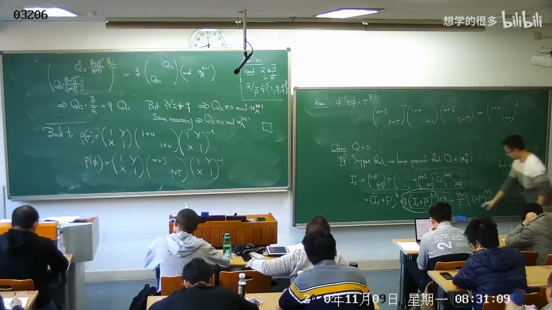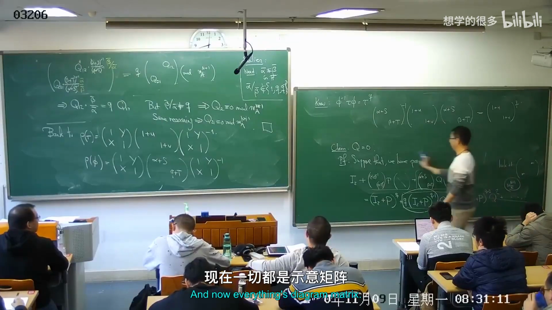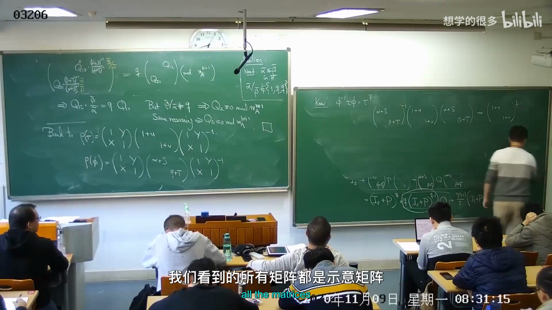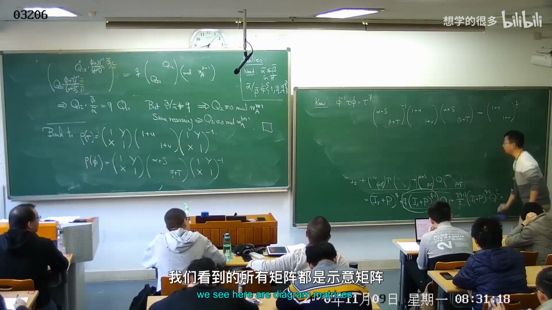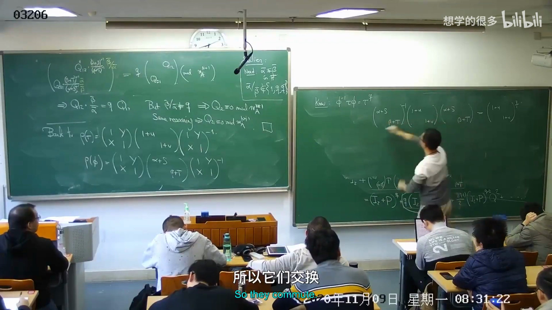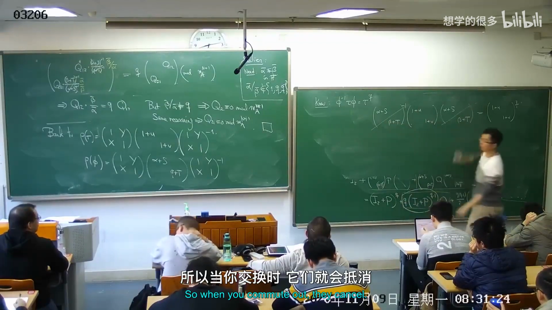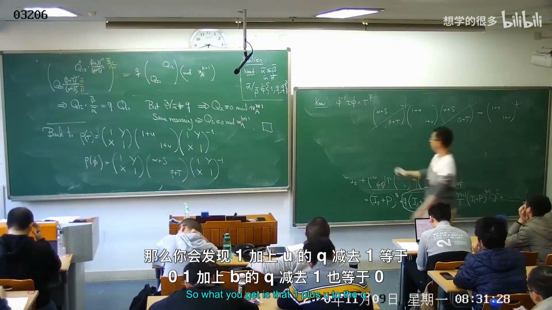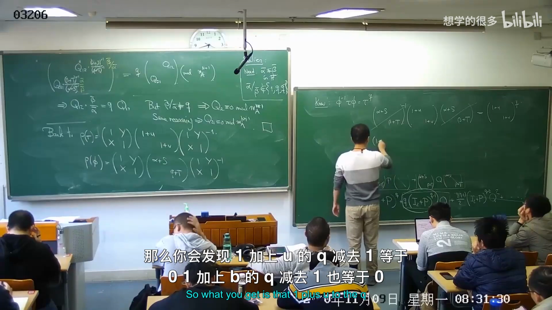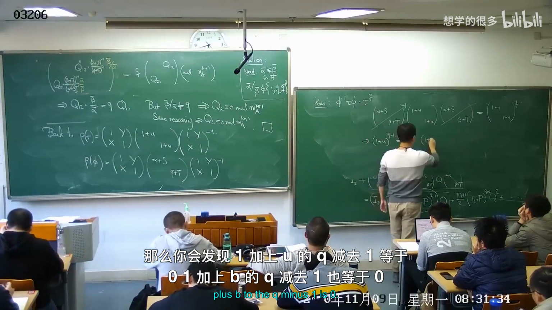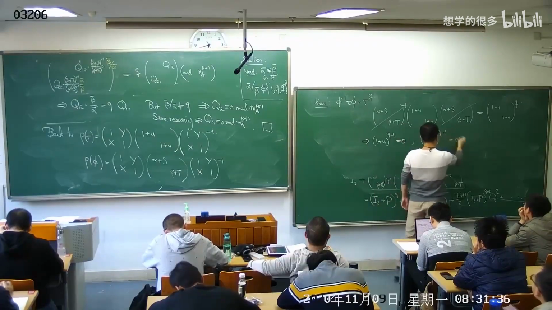And now all the matrices we see here are diagonal matrices. So they commute, and when you commute out, they cancel. And you have a q's power in this one. So what you get is that 1 plus u to the q minus 1 is 0, and 1 plus v to the q minus 1 is 0.